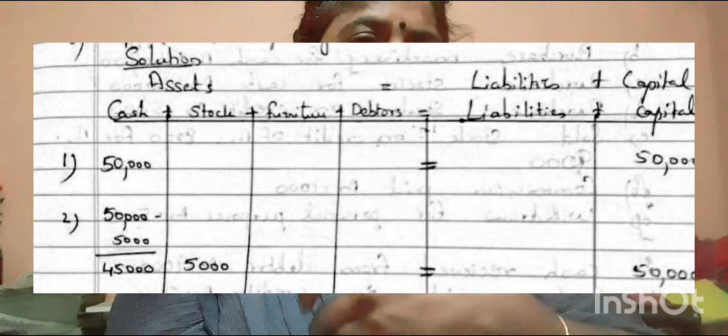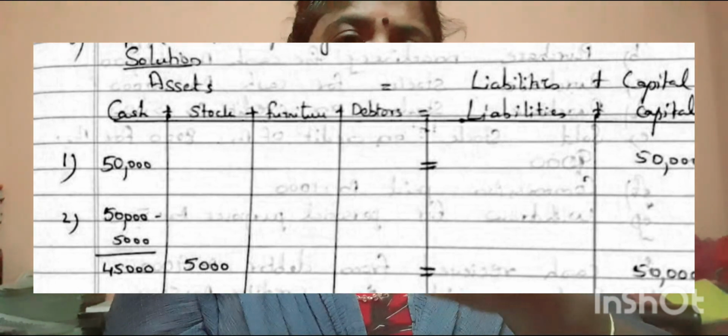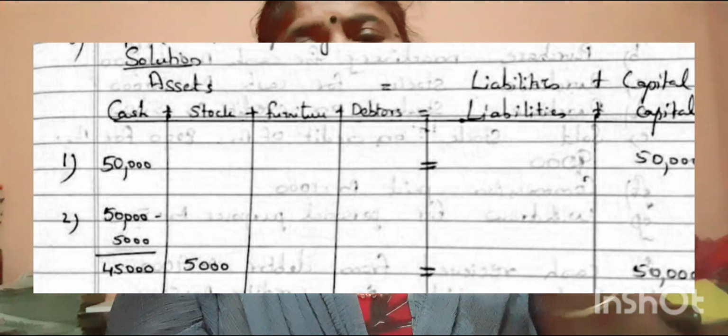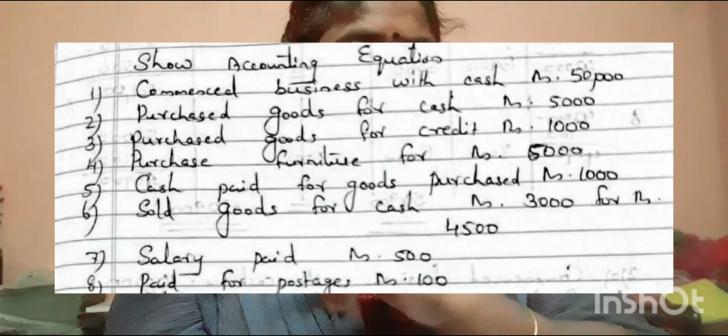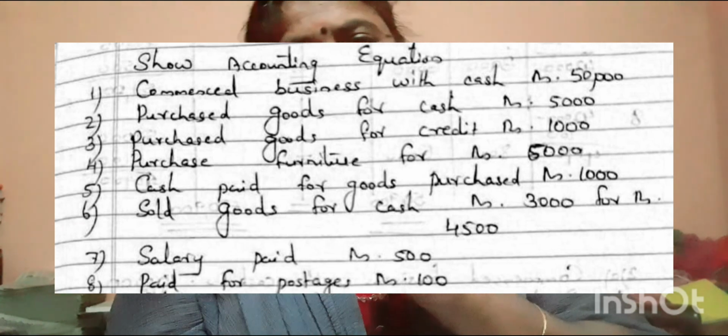Then cash will reduce to 45,000. Then 5,000 worth of goods come to the business. So there is no change in the capital. Cash reduced to 45,000 and stock worth rupees 5,000 is shown on the asset side. So on both sides 50,000, 50,000 same. The equation will be balanced.